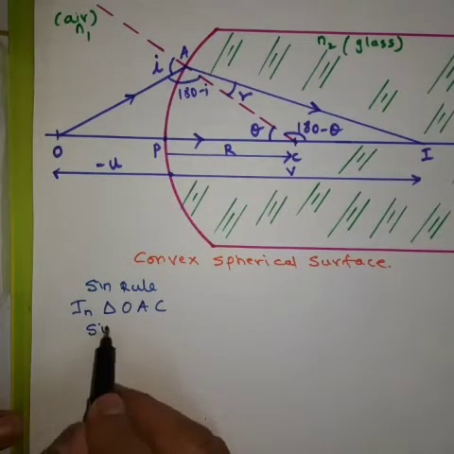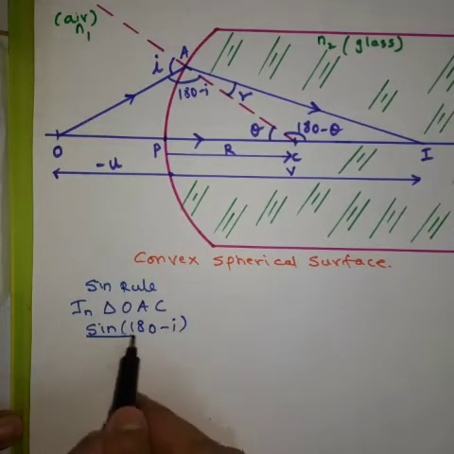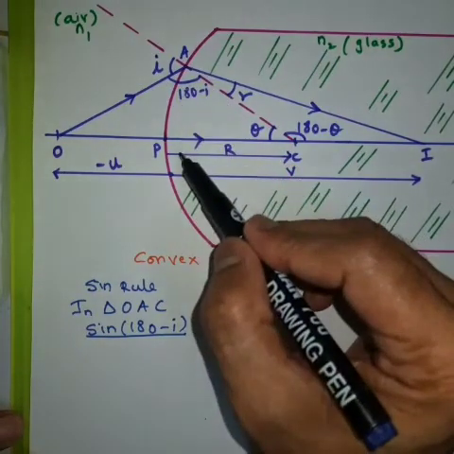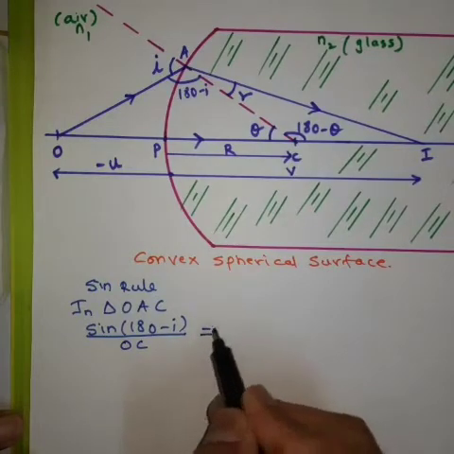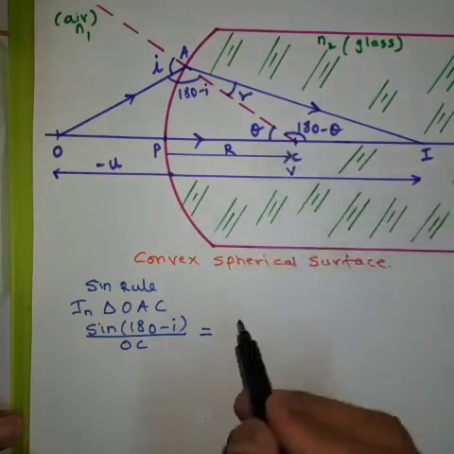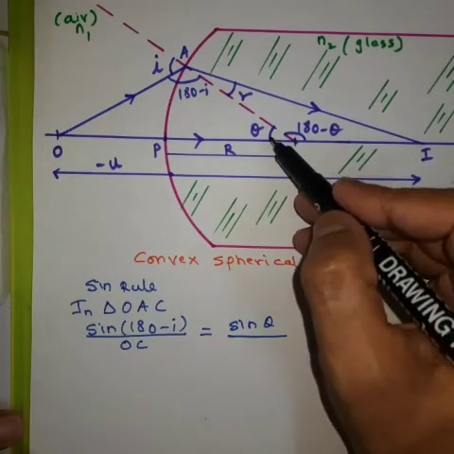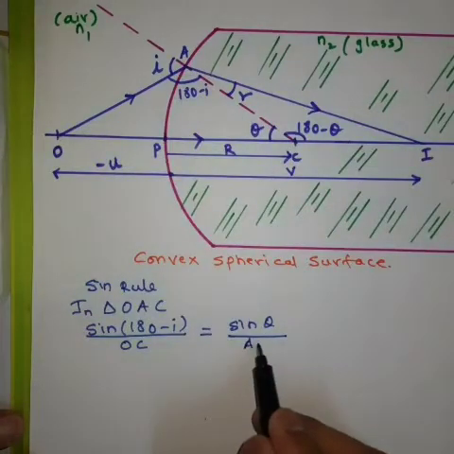I get sine of 180 minus i, that is this angle, upon the opposite side, which is OC, equals sine theta, this angle, upon the side opposite to it, which is AO or OA.